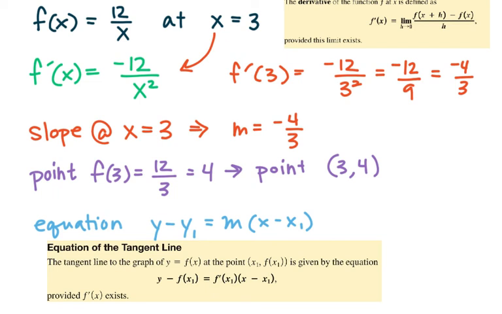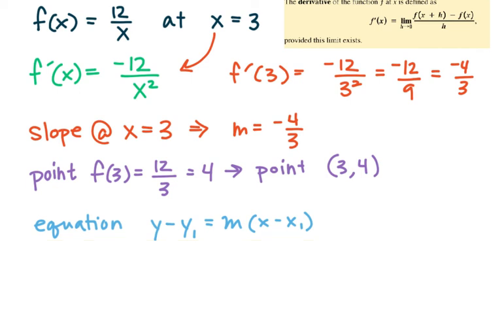And instead of writing y sub 1, I've written f of x sub 1, the output at x sub 1. So continuing through, I have y minus 4 equals my slope, negative 4/3, times the quantity x minus 3.